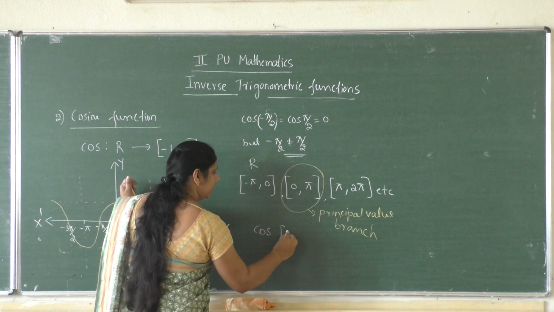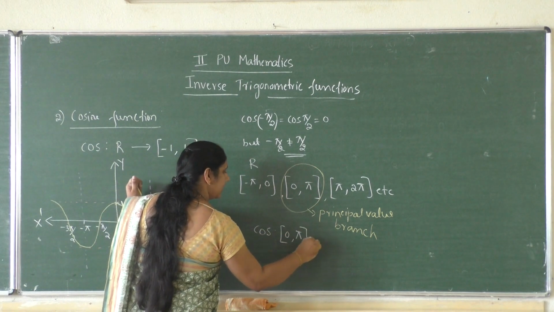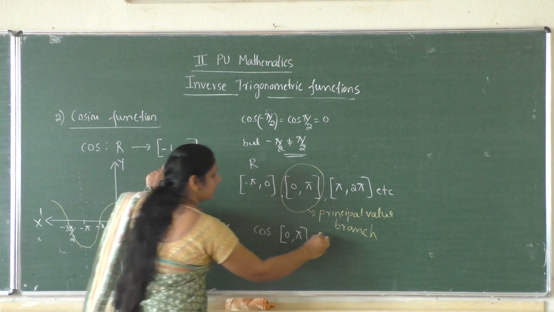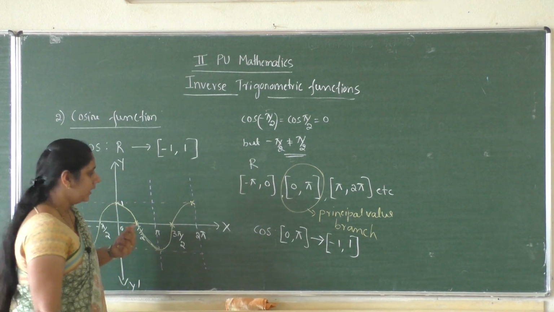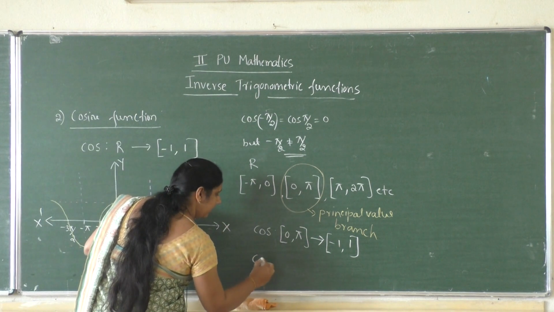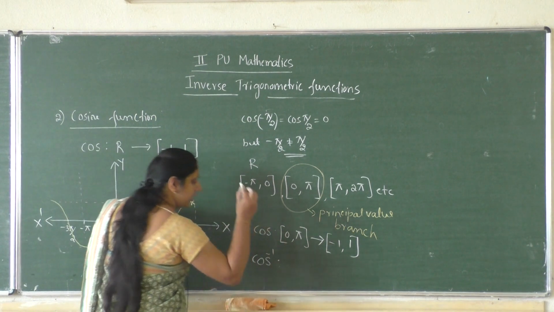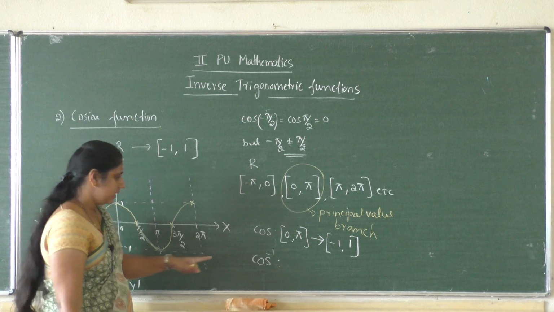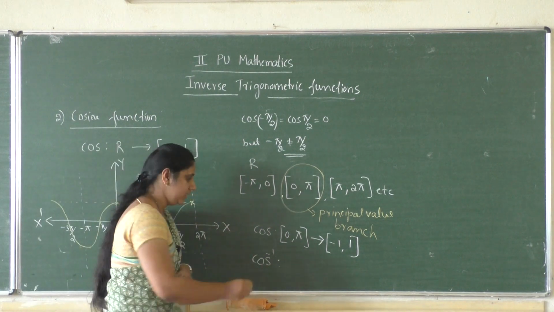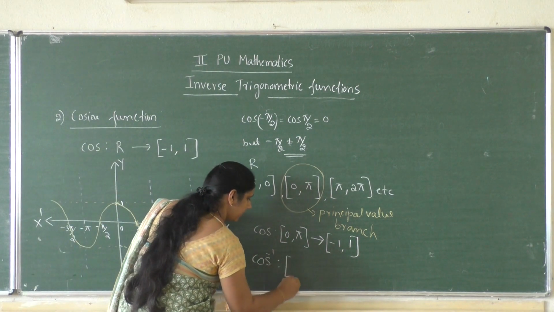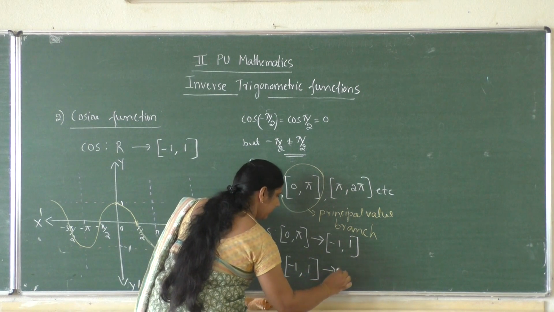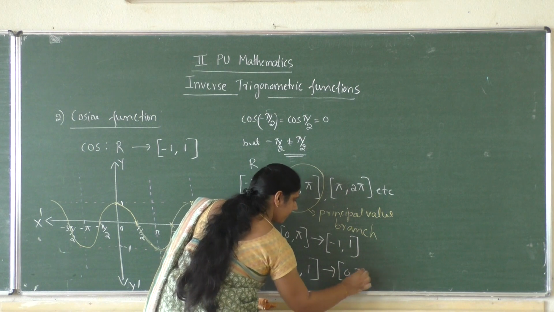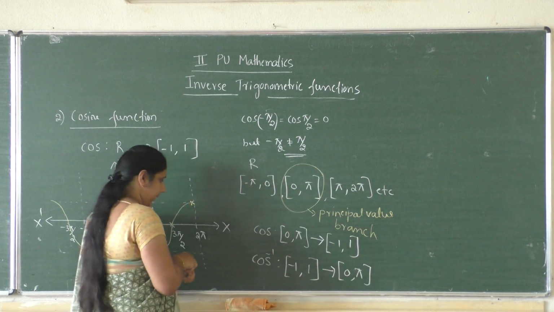So now what is the domain of the cos function then? This one, that is the closed interval 0 to pi. What about the range? It is the same, that is -1 to 1. Then we can find the inverse of cos, denoted by cos inverse. It is a function from the closed interval -1 to 1 to 0 to pi.